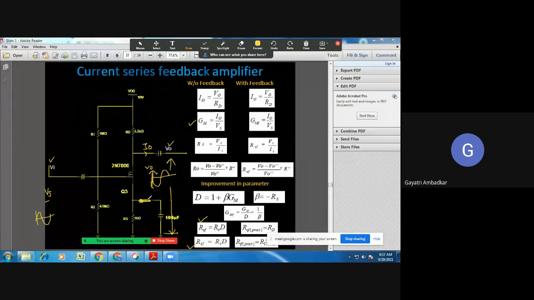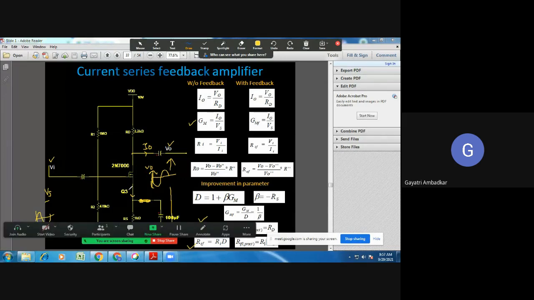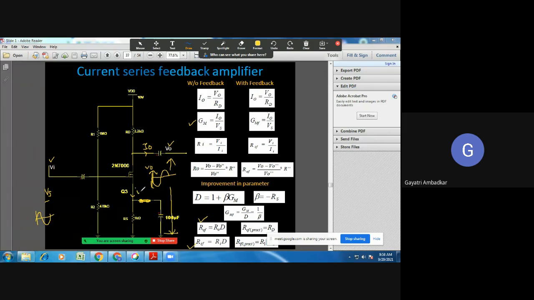When I say this switch is closed, it means this capacitor is there in my circuit. So whatever AC, because here there is AC, the same AC current will flow through this RS also, means at this particular point, the total current flowing here is the DC value of IS plus the AC value of IS, right?